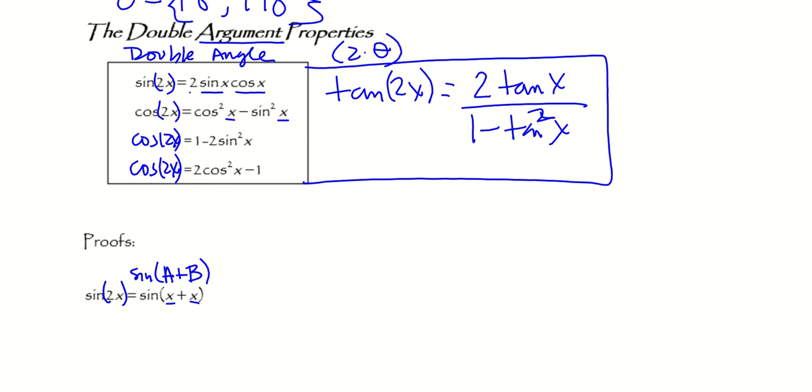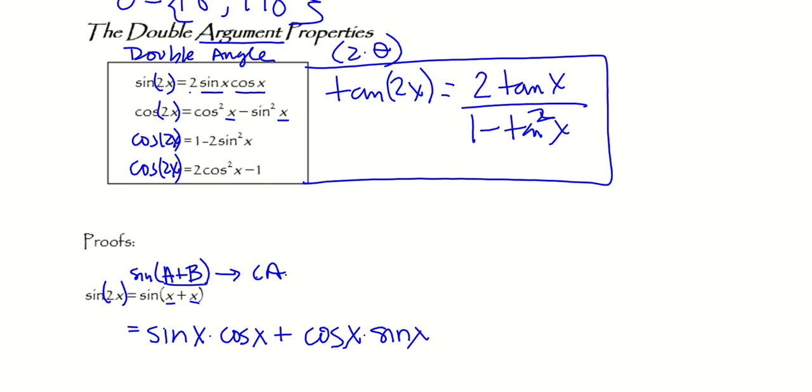So if I now apply, and I'm going to go from here to here using my composite argument identity for the sine of a plus b, that would be the same thing as the sine of a, which is my first x, times the cosine of b, which is my second x, plus the cosine of my a, which is the first x, times the sine of my b, which is the second x.